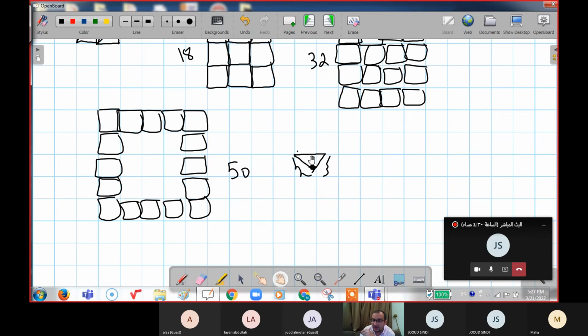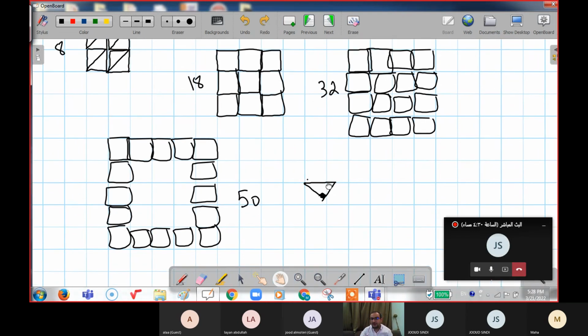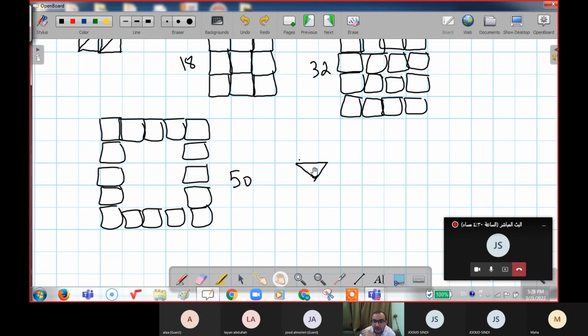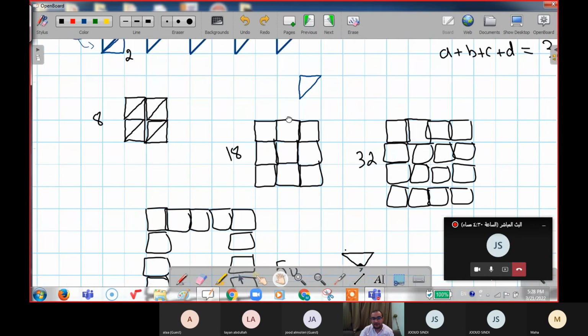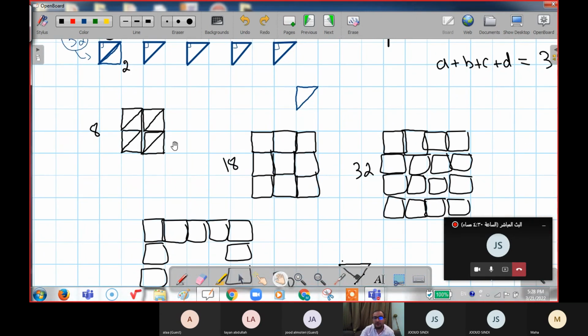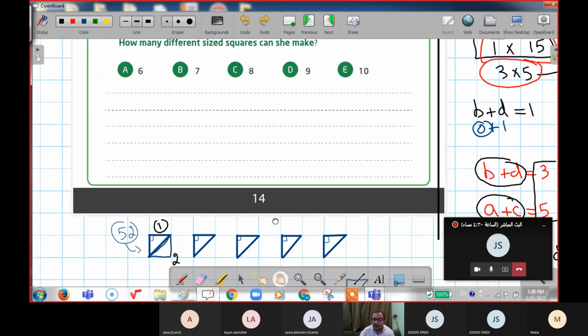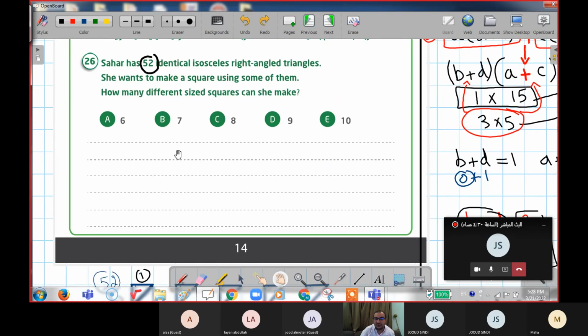The diagonal. Yes, exactly. Okay, I will leave this part for tomorrow. Think about how many squares we can make if we use the diagonal or the hypotenuse. Then we know the answer, because until now I have only 5 squares. I didn't get the answer here. I must use the diagonal.